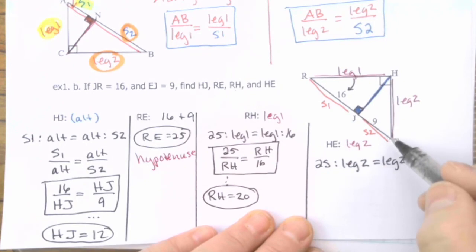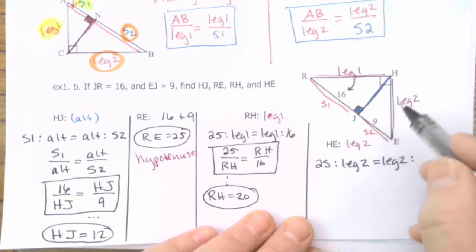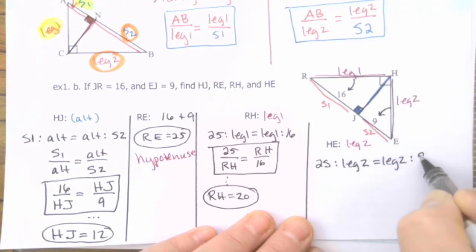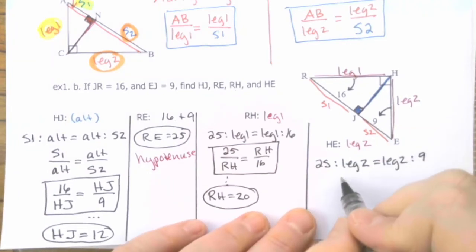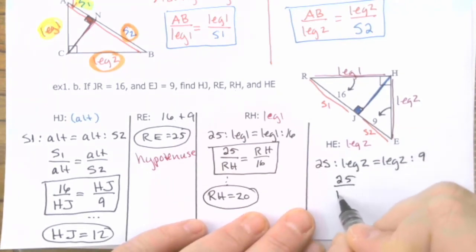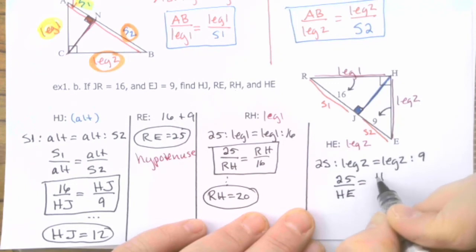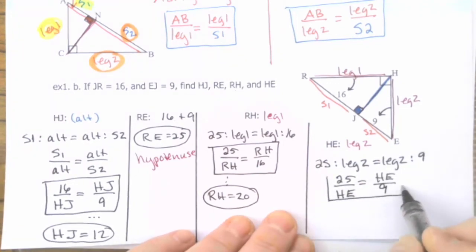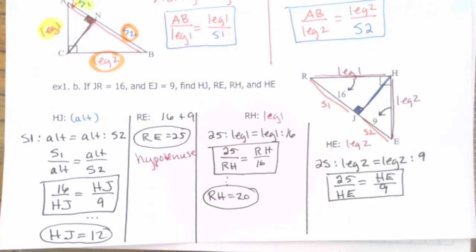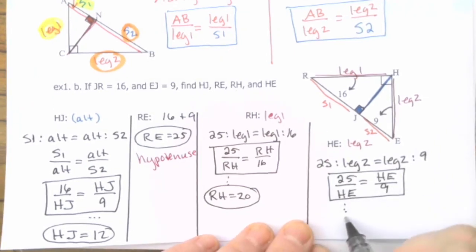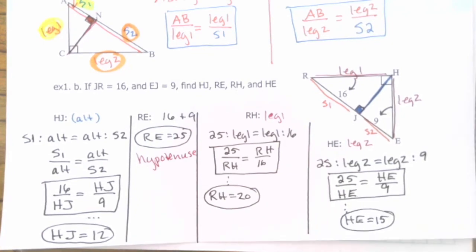And the nearest piece, which is 9. So filling in the letters, we get 25 over HE equals HE over 9. That is the equation we can solve. We end up with HE equals 15 when you get done solving that.